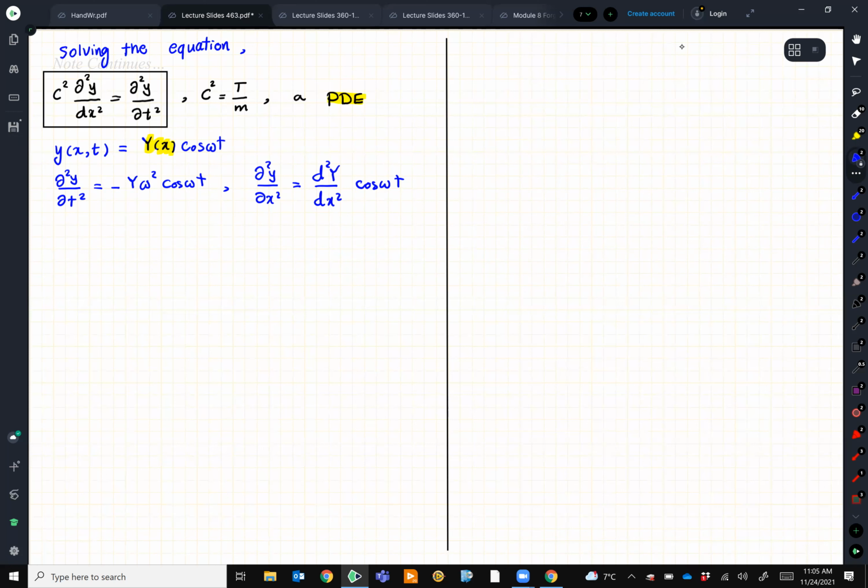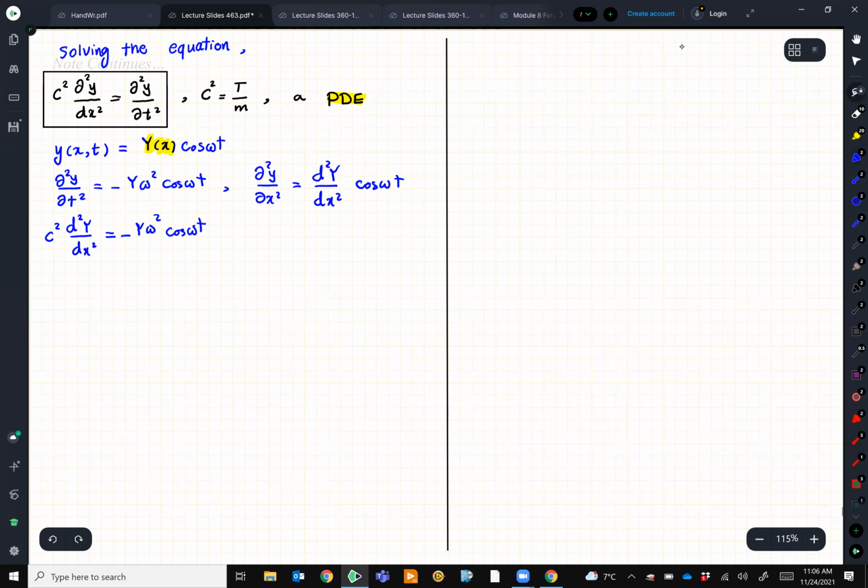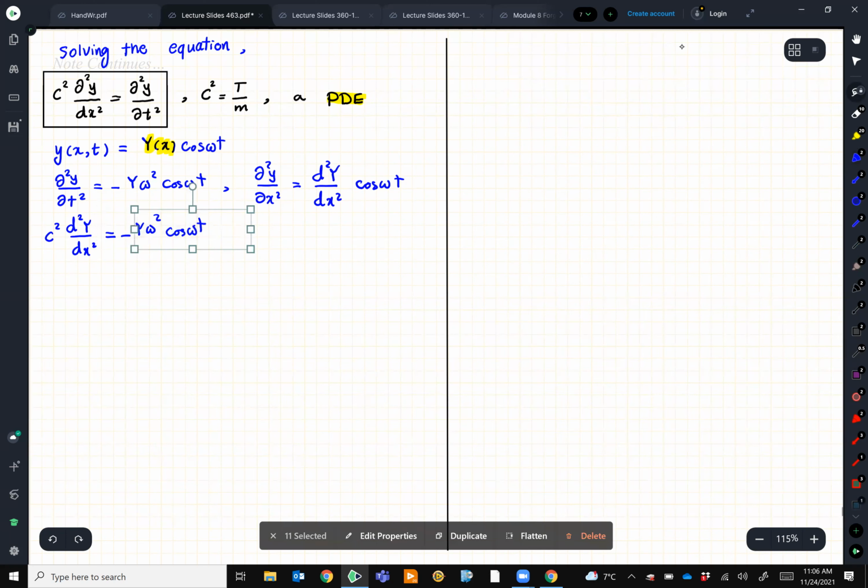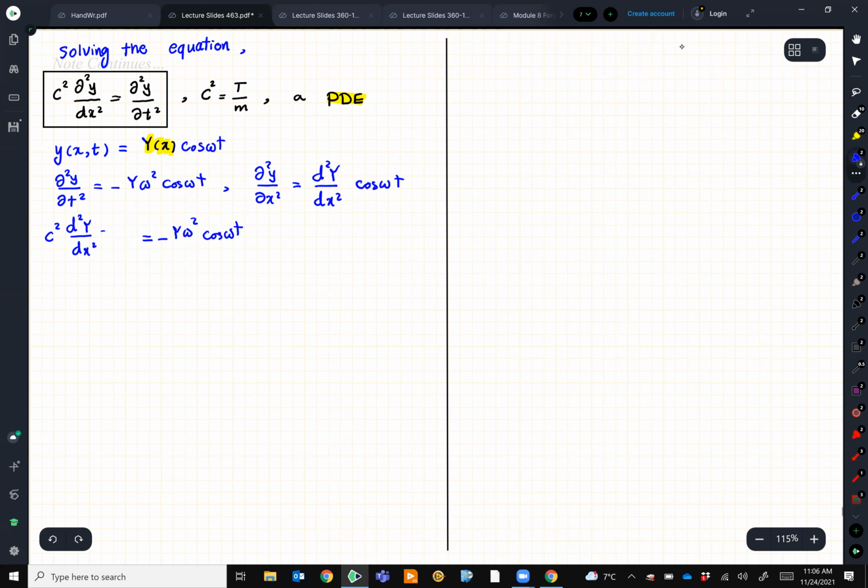Let's do it again as a recap. So we will get c squared d2Y/dx squared is equal to minus Y omega squared cosine omega t, and obviously cosine omega t on this side as well. So I have cosine omega t on both sides.